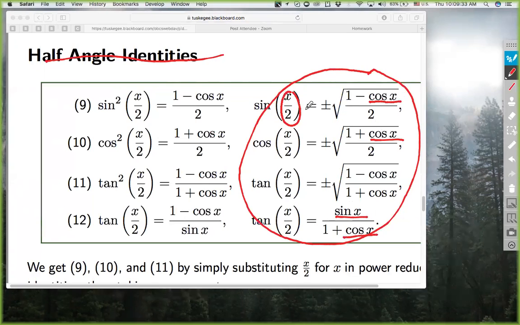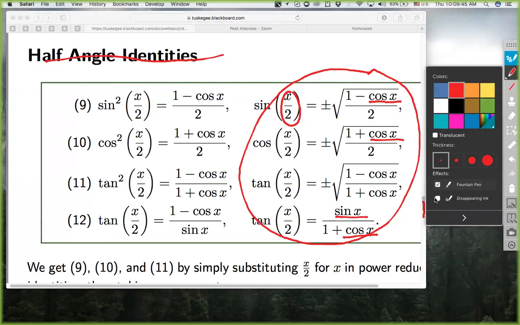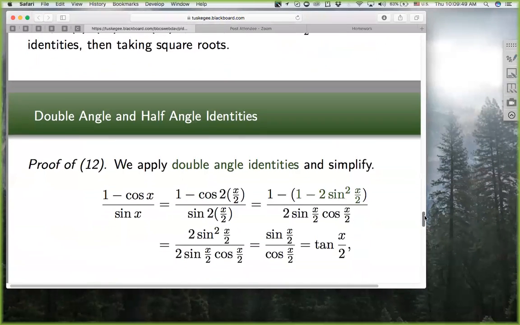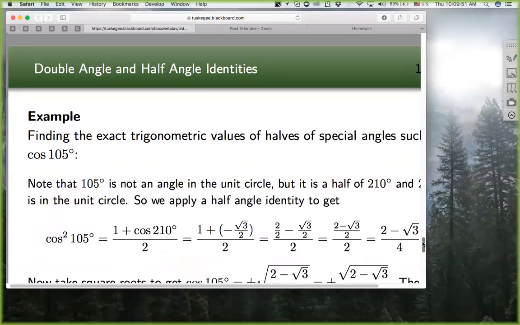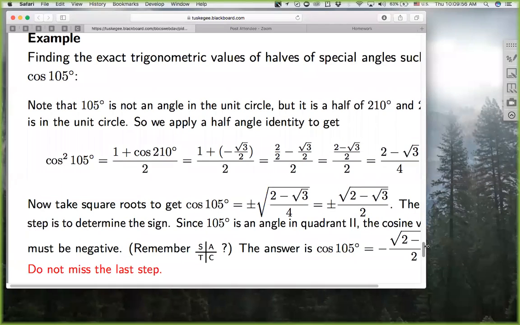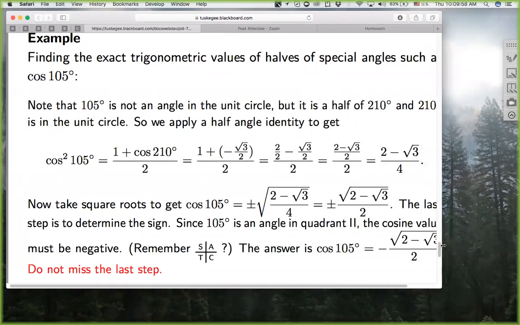So we are using these cosine sine values to get those values of sine, cosine of half of an angle x. So I'm going to show you a couple of typical questions from this section.